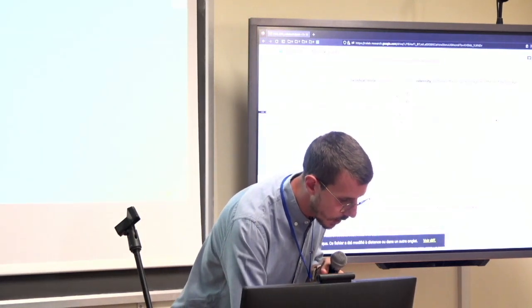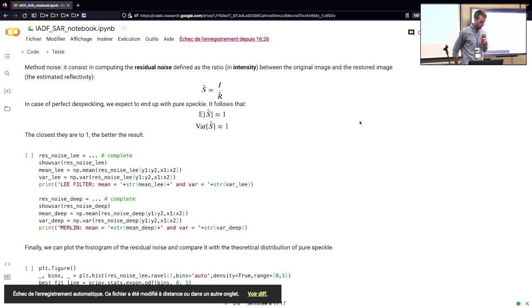Then the last way to see if we have correctly suppressed the speckle from the images is to rely on the speckle model, which says that the intensity is the product between the reflectivity and the speckle.